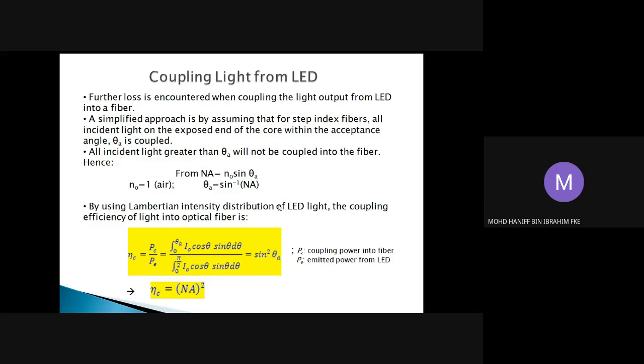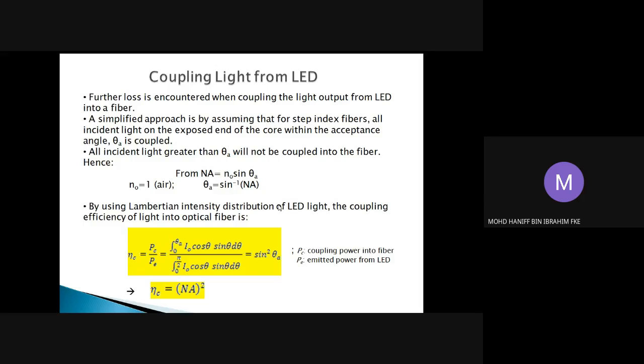But not all light from the LED will be coupled to the fiber optics. So that's why I put it here that more loss will be accounted when we try to couple the light from the LED to the fiber optics. In order to measure this coupling efficiency, our approach is simplified.